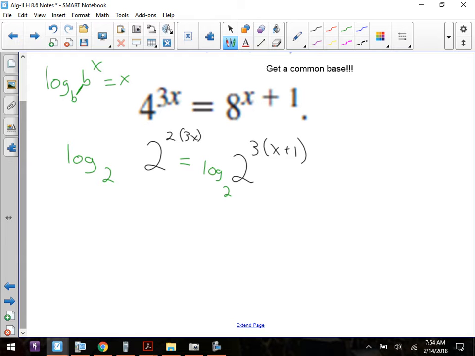Once you get a common base on both sides of an equation, you technically log base both sides, and the exponents come down. And you wind up with 6x equals 3x plus 1.